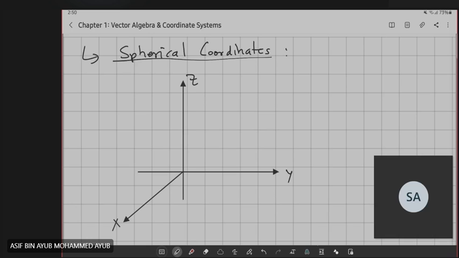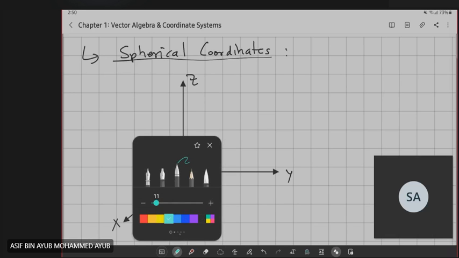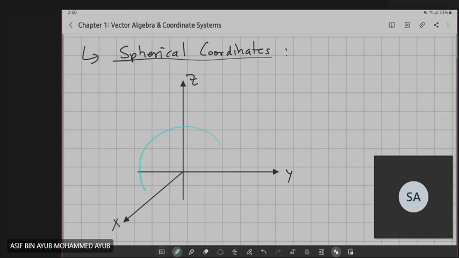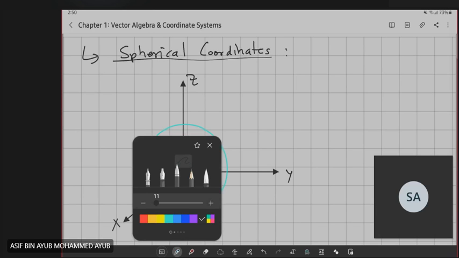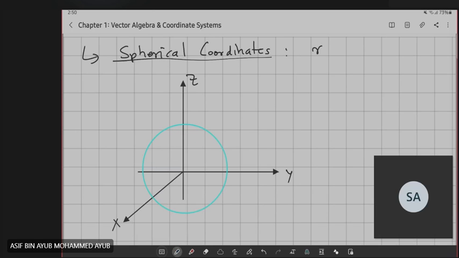Now what you have here, you should imagine a sphere. So in the spherical coordinates, your variables are the following. You have r, theta, and phi. I'll go through this really carefully here.